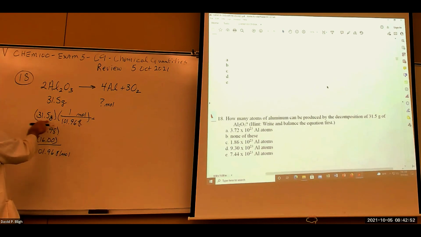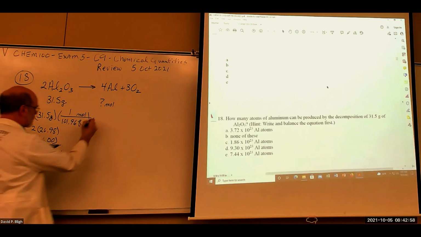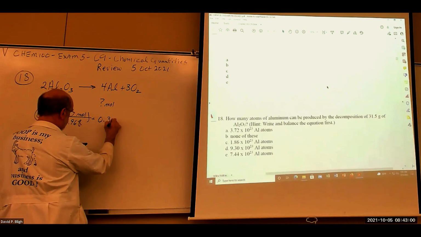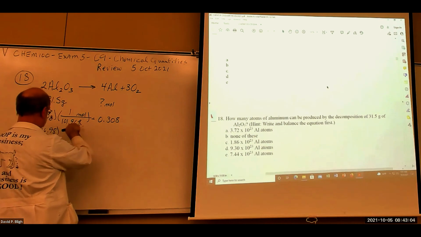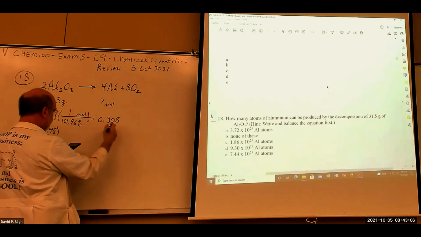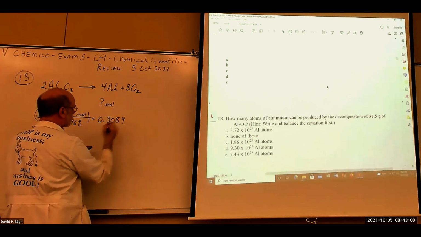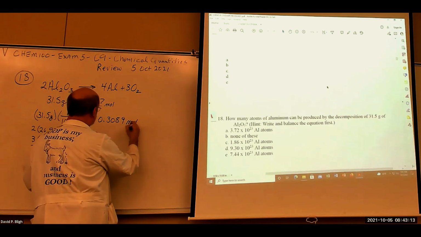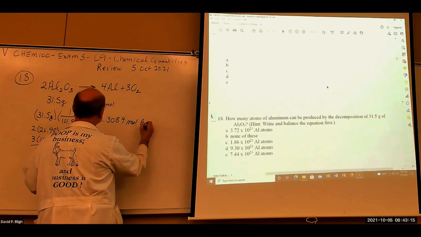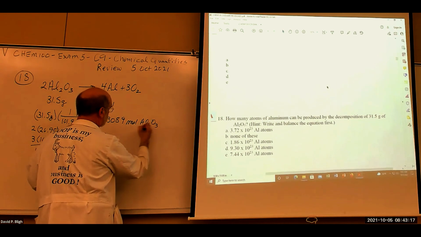We're going to divide that number into that number. And I get 0.308. Let's keep a decimal for now, so we can avoid rounding errors. So that's how many moles of aluminum oxide.